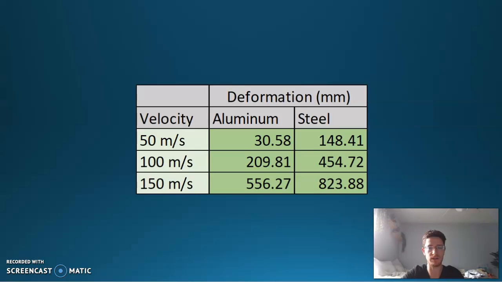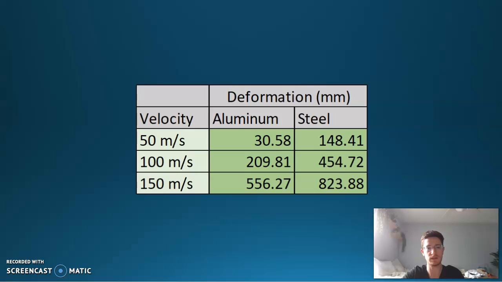So as you can see here, I have a summary of the results. Deformation for the steel was, surprisingly to me, significantly larger than the deformation that could be seen on the aluminum bar. As you can see at 150 meters per second, it was, I wouldn't say almost double, but it was significantly larger.